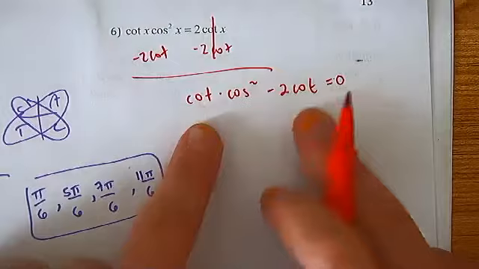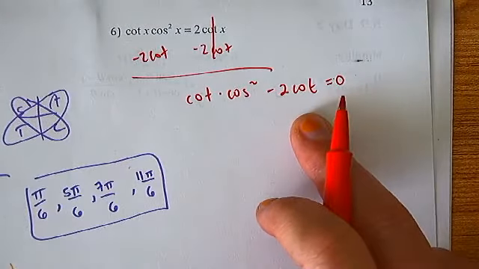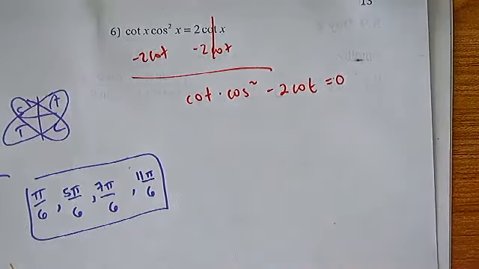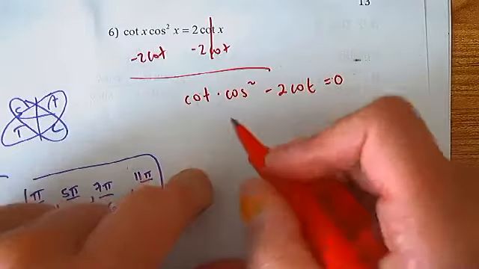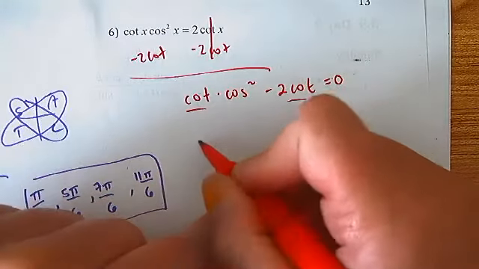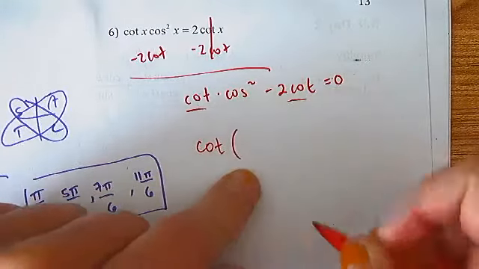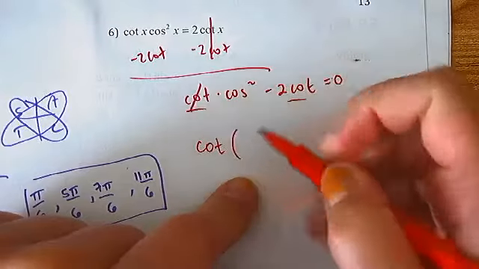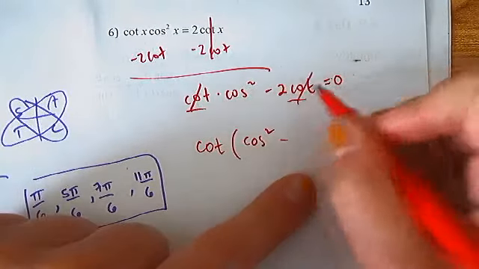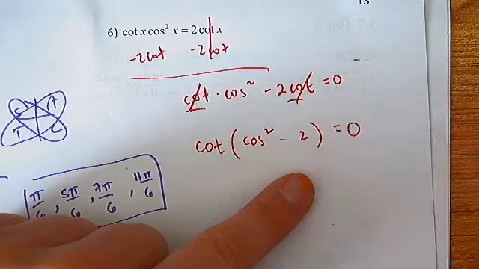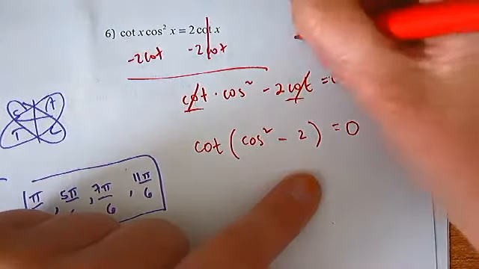And then this will lead us back to the GCF problem. So what's a GCF here that I can pull out? A cotan. So let's pull out a cotan, and what would be left if I got rid of that cotan? Cosine squared minus 2. So that was my GCF.